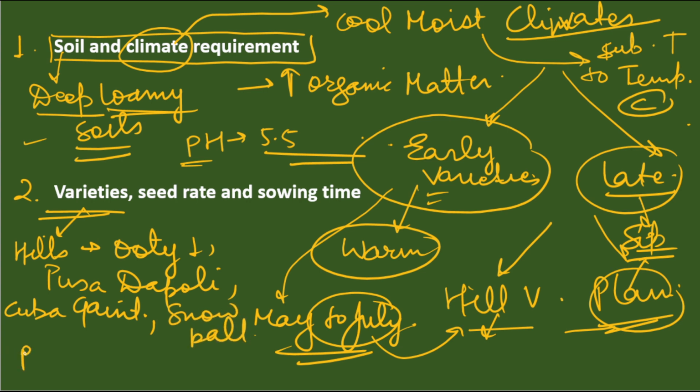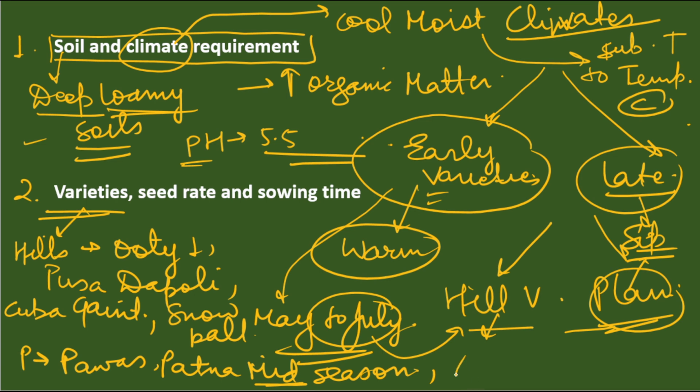Now when it comes to the plain varieties, common plain varieties are Pawas, Patna mid season. Mid season, that is, it is an early variety. Patna mid season, Arka Kanti. So these are the common plain varieties. So I hope you are able to notice the names.